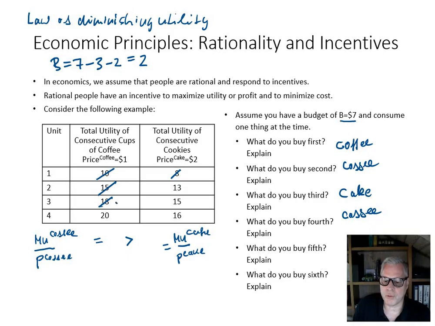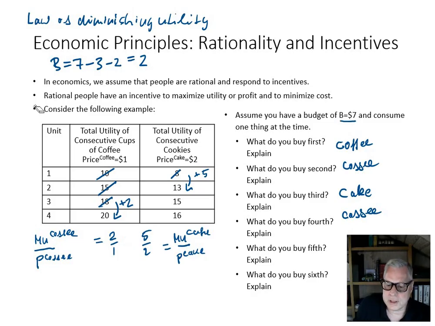Shall I have a fourth cup of coffee, in which case I would get another 2 units of utility? Or shall I have a second cake, in which I would get another 5 units of utility? But what matters is utility per dollar spent. So here it would be 2 over 1, and here it would be 5 over 2.